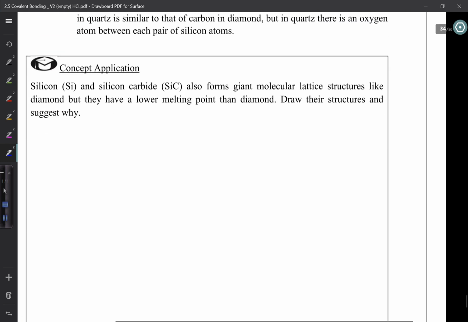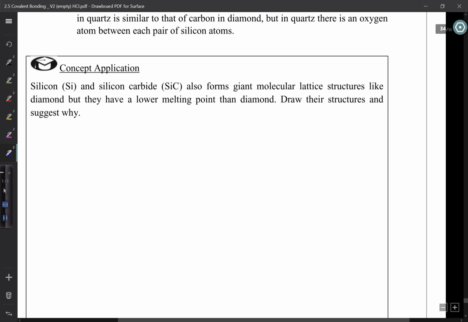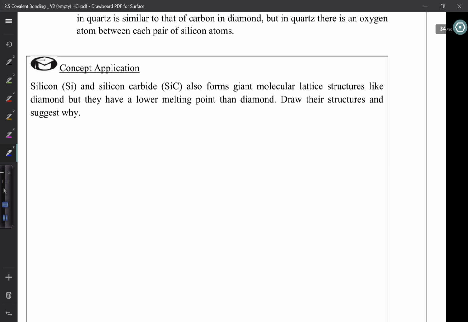So next one, silicon and silicon carbide also form giant molecular lattice structures, but they have a lower melting point than diamond. So why do you think so? So how do you draw a structure of silicon and silicon carbide?